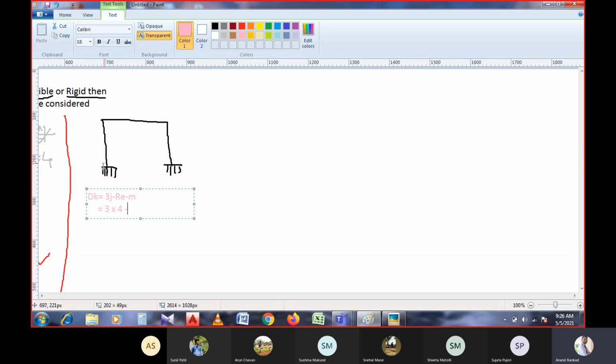Here it is 3 and here it is 3. There are 6 numbers of reactions, and there are 3 numbers of members in the particular structure. So now, if you consider 12 minus 6 minus 3.